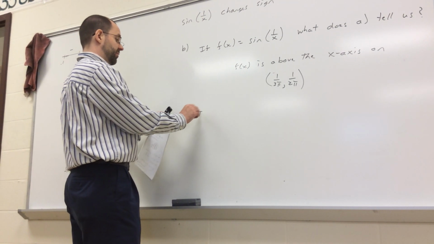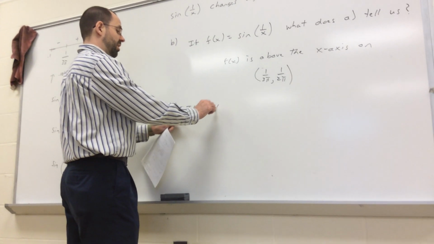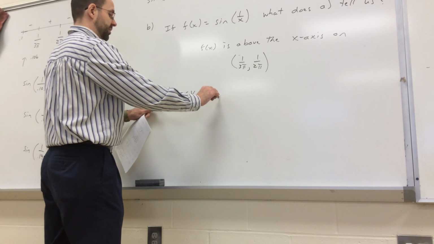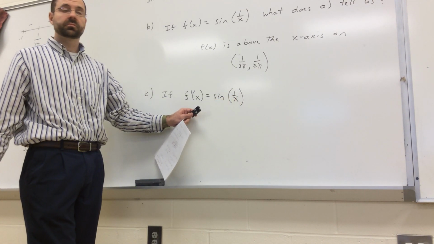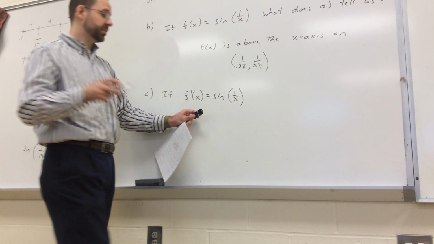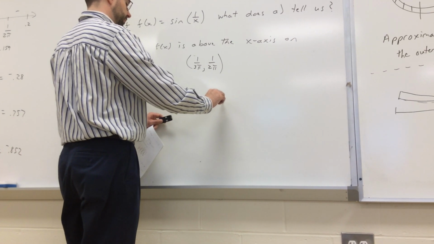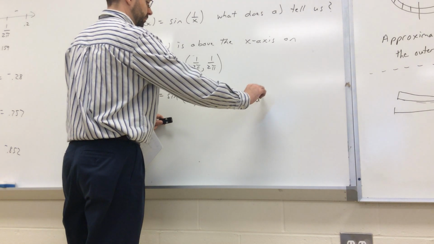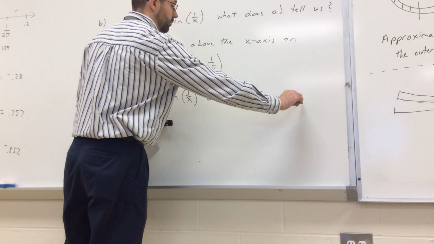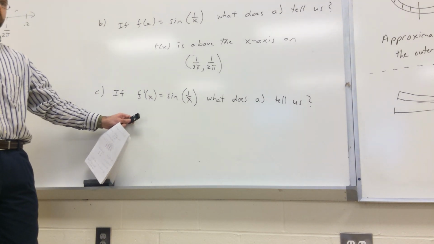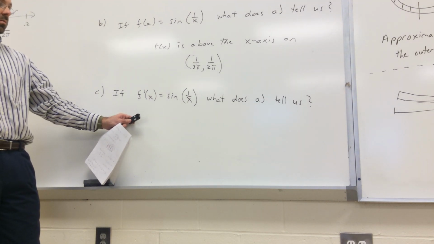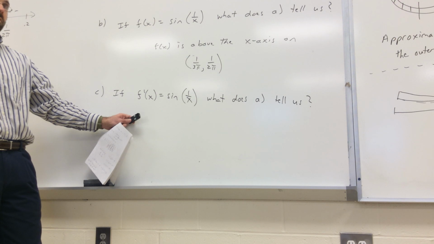Okay, what if f prime of x equals the sine of 1 over x? What does A tell us? Yes. That between 1 over 3 pi and 1 over 2 pi, the slope is positive.